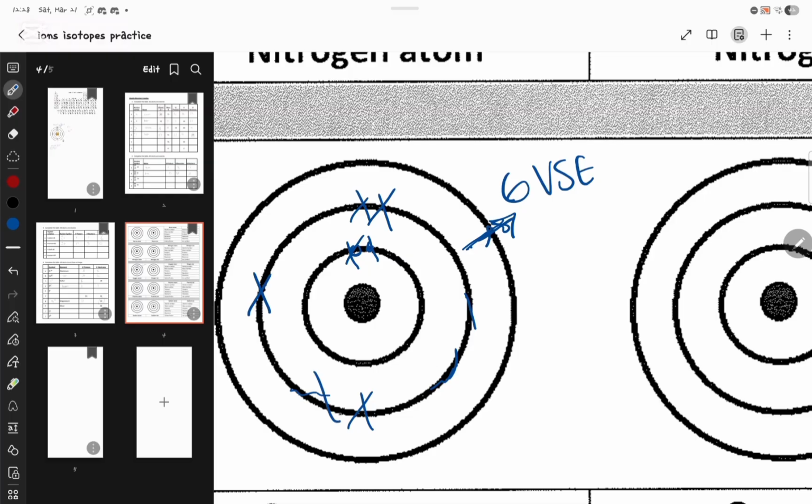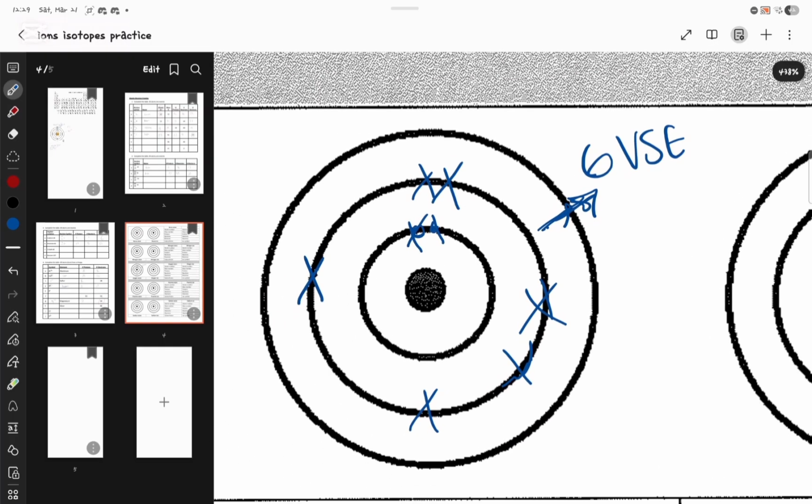So would it rather gain 2, or would it rather lose 6 in order to gain a full shell? It can, because a full shell can either mean 2 electrons or 8. Like the first shell is always 2, right?